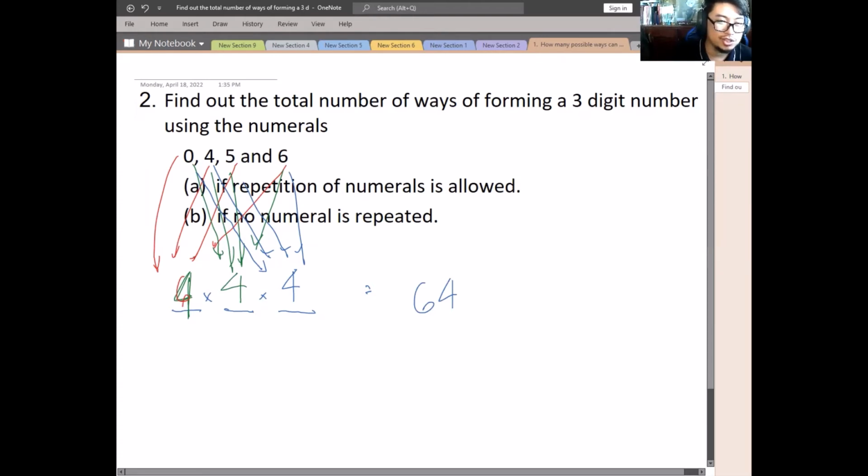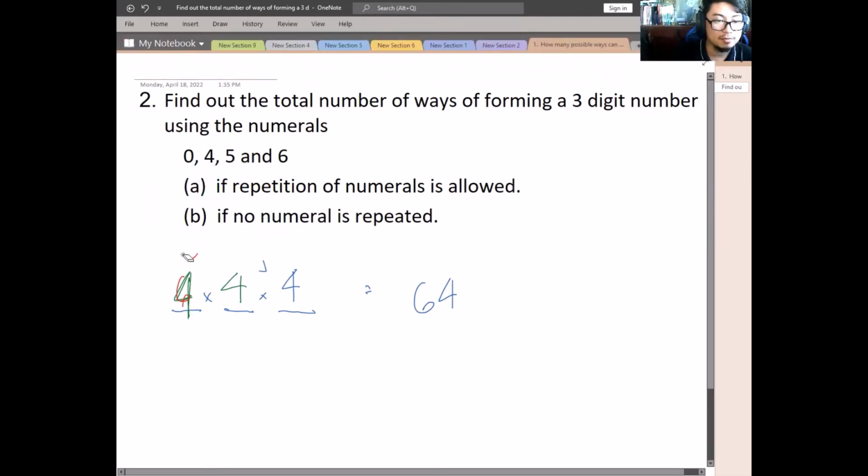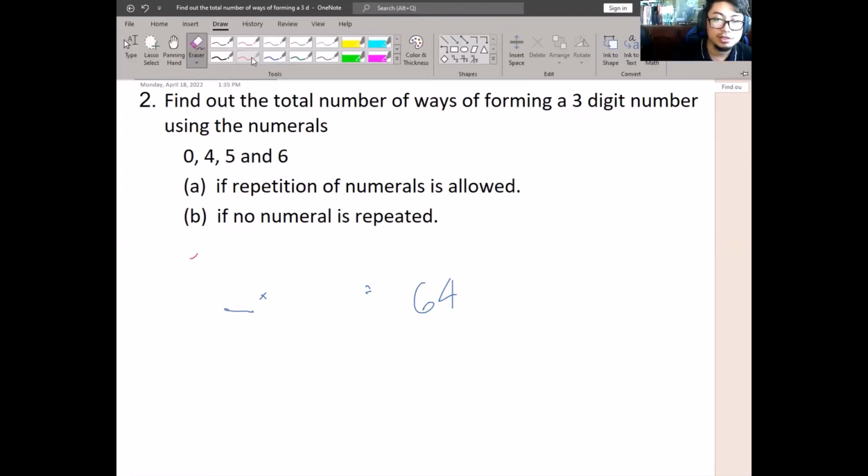You can choose 0, 0, 0, 0, 0, 4, 5, and so forth. Now for letter B, if no numeral is repeated. This is the answer for letter A, so 64.